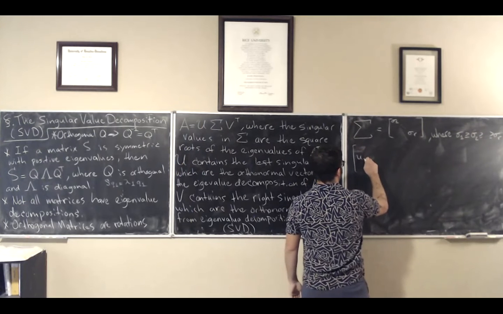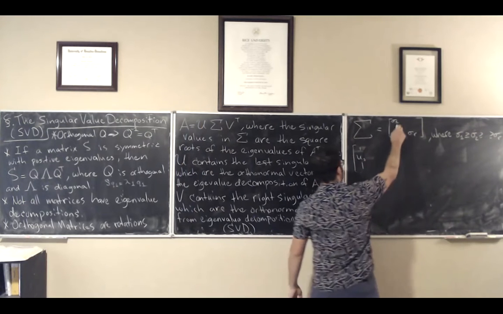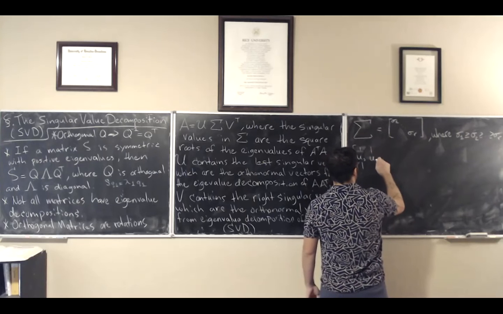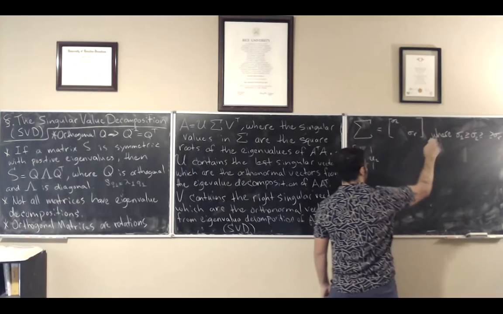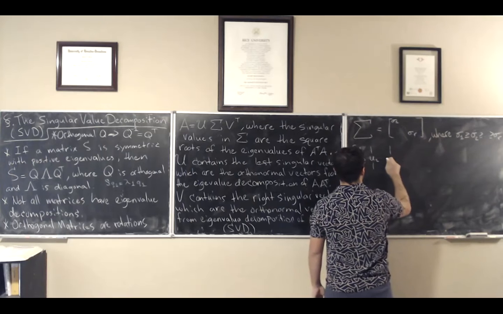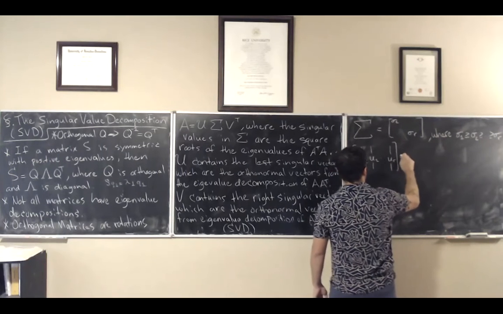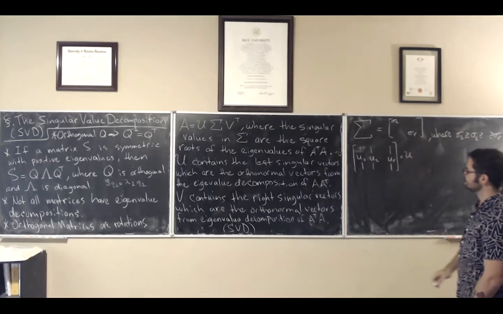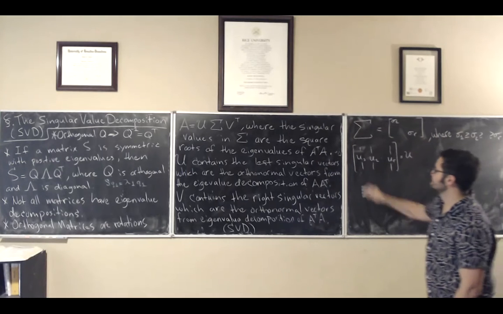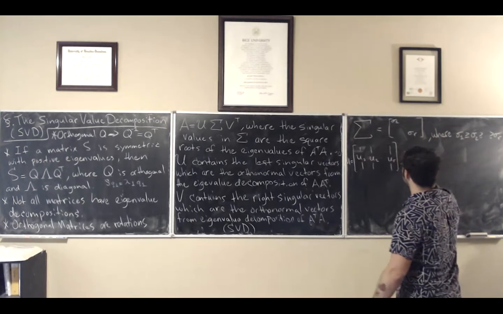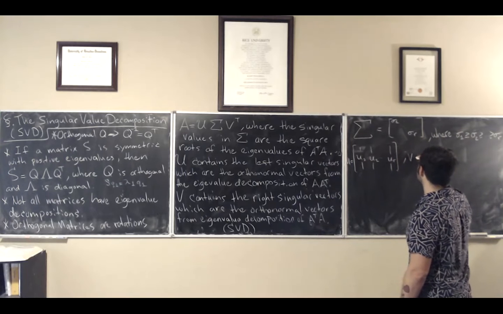So U1 corresponds to sigma 1, U2 corresponds to sigma 2, and so forth to Ur. That's how we write out U. And then the same thing with V.